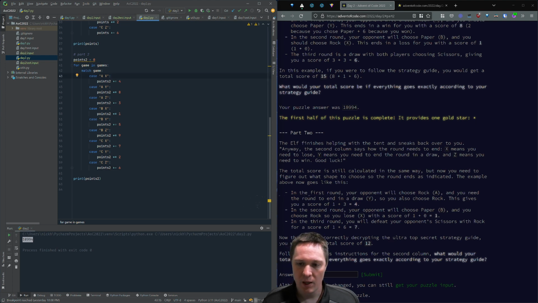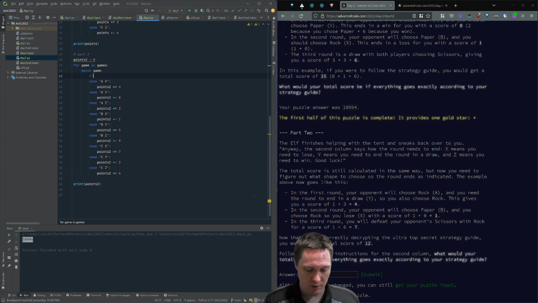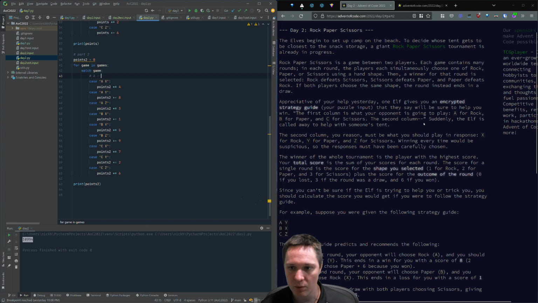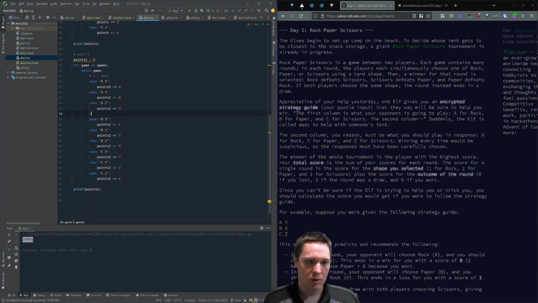So A still means the same thing, so I'm just going to make this a little easier for me to remember this time. So A equals, because I keep forgetting which one is which. So A is rock, B equals paper, and C equals scissors.